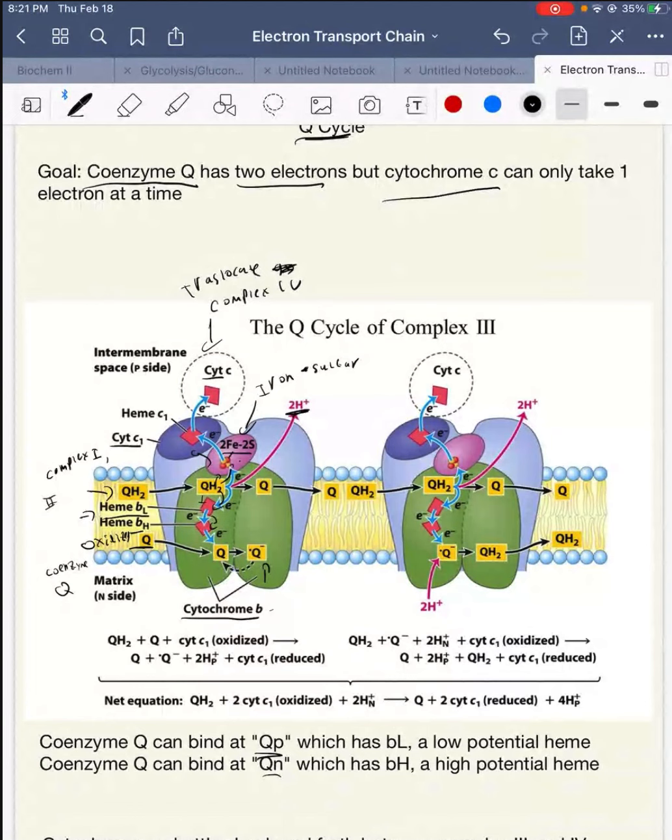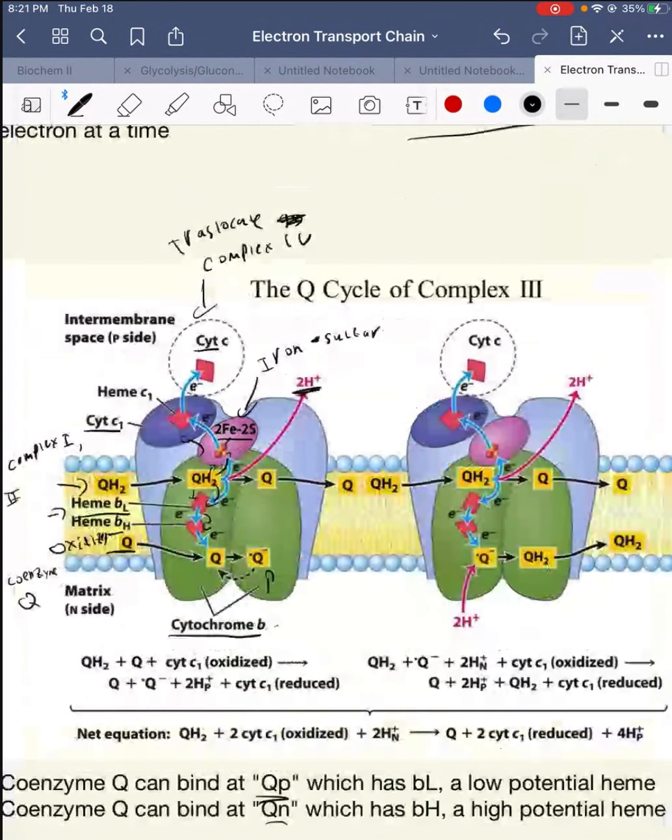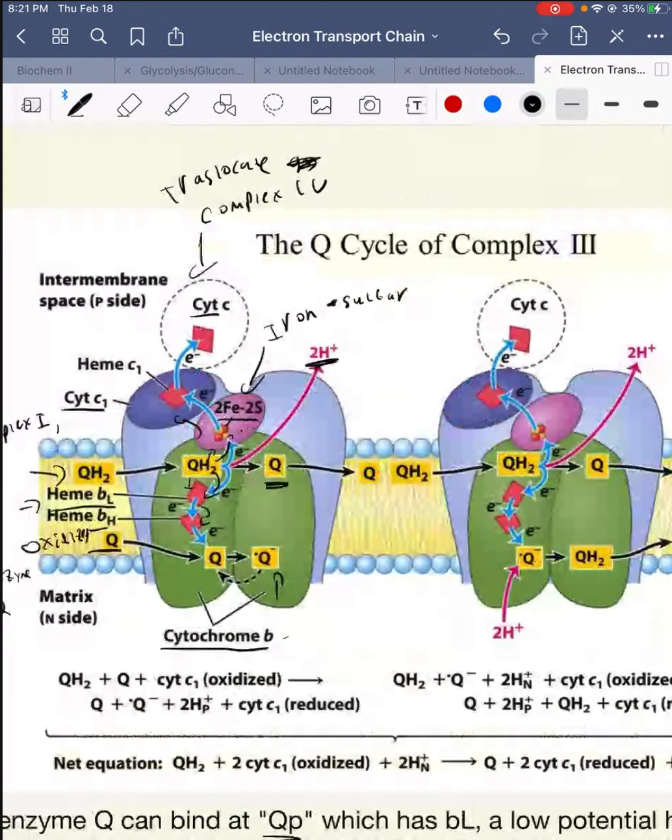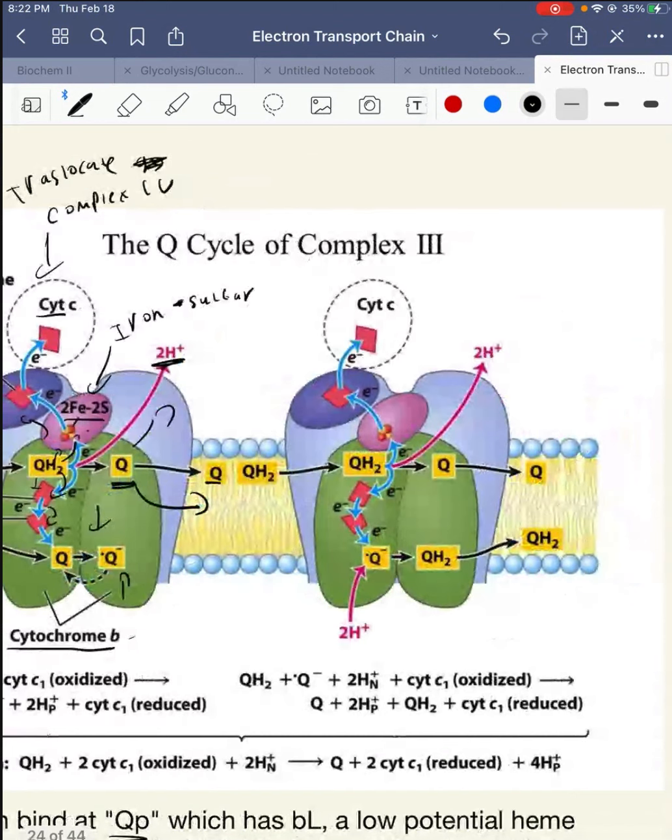Okay, so we did all of that and we transferred one electron to cytochrome C. So we have this oxidized coenzyme Q that goes in the membrane of the cell. So it's 2 electrons, it gave one down here and then one up here, right? And then this coenzyme Q can go accept 2 more electrons from either complex 1 or complex 2, and we get this reduced form of coenzyme Q.